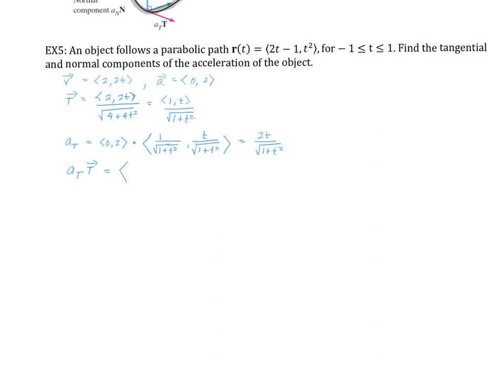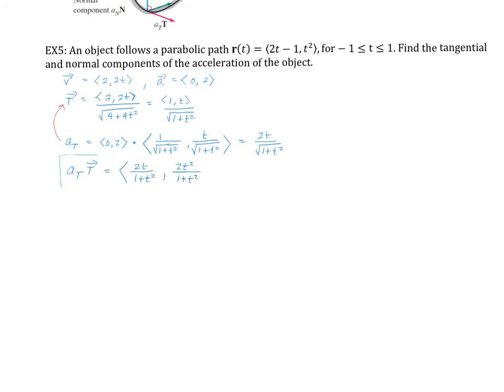Multiplying that, I get 2t over 1 plus t squared, 2t squared over 1 plus t squared. Again, I'm just taking my a sub t and I'm multiplying it by my tangent vector.